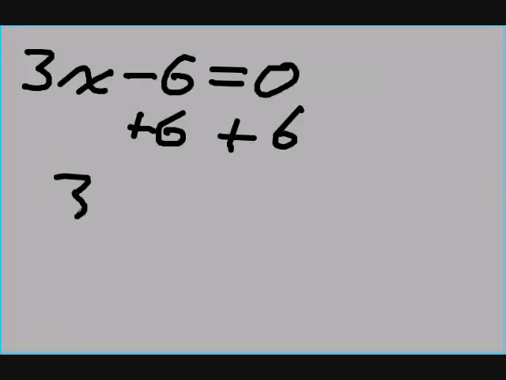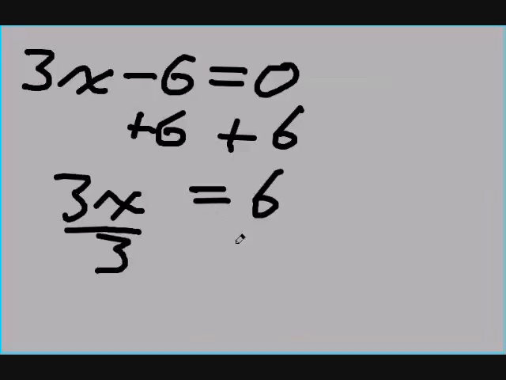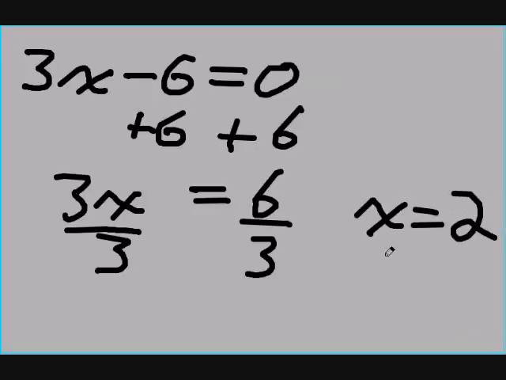You get 3x, since negative 6 plus 6 is 0. On the right hand side, 0 plus 6 is 6. And you guys know we divide both sides by 3, and we get that x equals 2. Of course, you plug 2 in up here, you get 6 minus 6 is 0. So that's correct. Alright, basic example. Let's clear that.